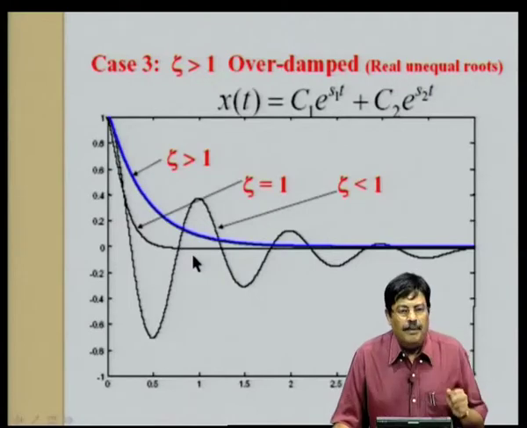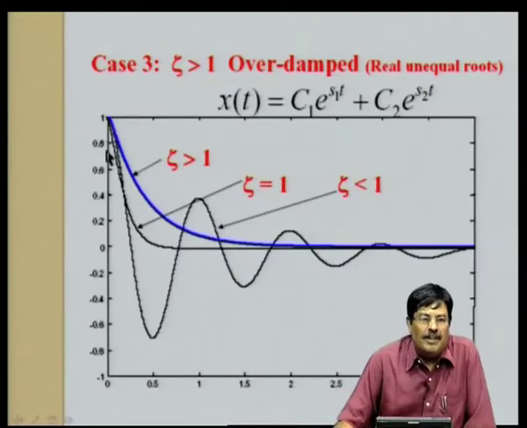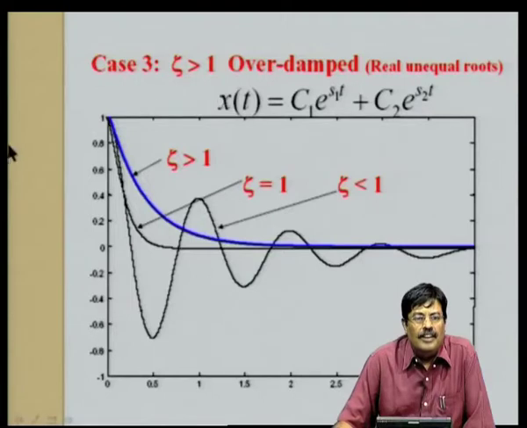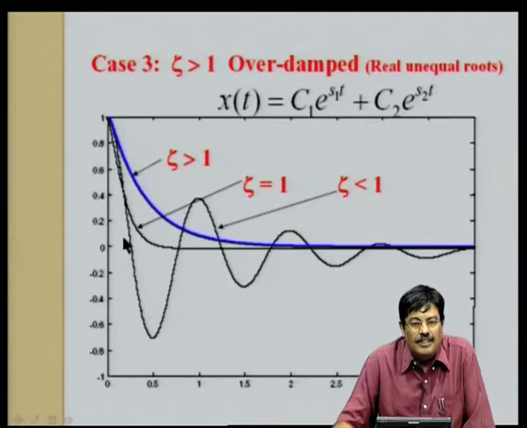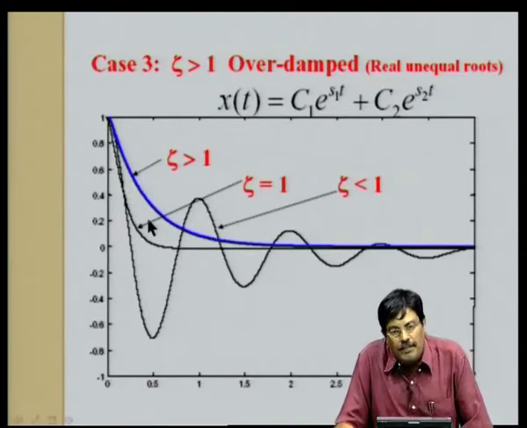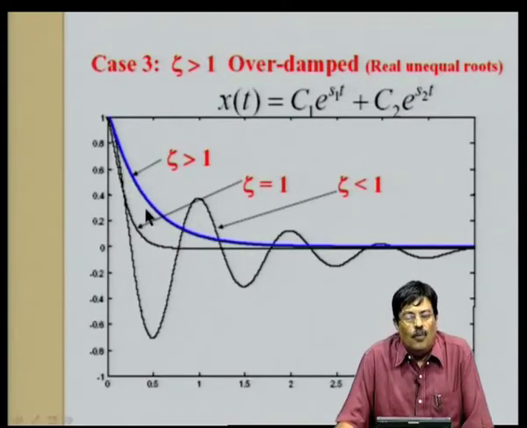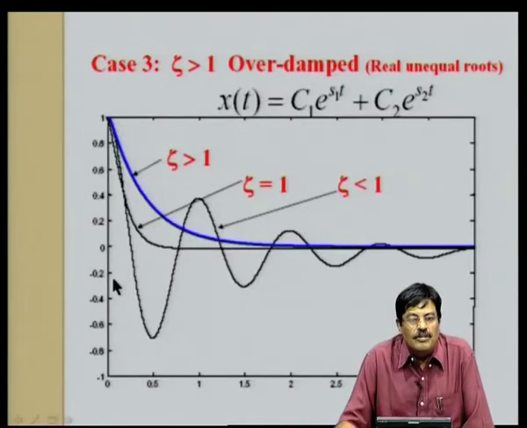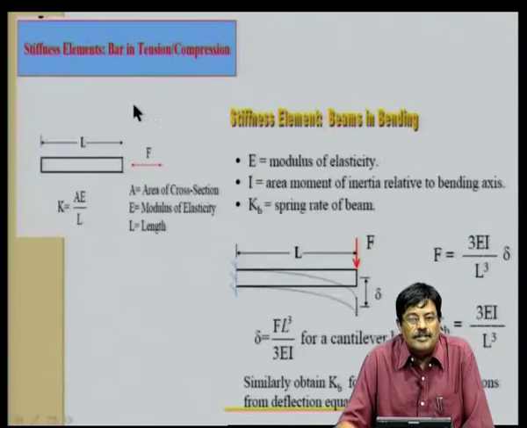So, we have under damped, critically damped and over damped systems, and this plot gives you the overlapping response of these three cases. You see that the critically damped and the over damped are not of much interest to us because they do not vibrate; they come to rest very fast. What is of importance to us in the control system is the under damped case, where we still get an oscillatory motion, and we should make sure that this oscillatory motion does not increase in time as time progresses.